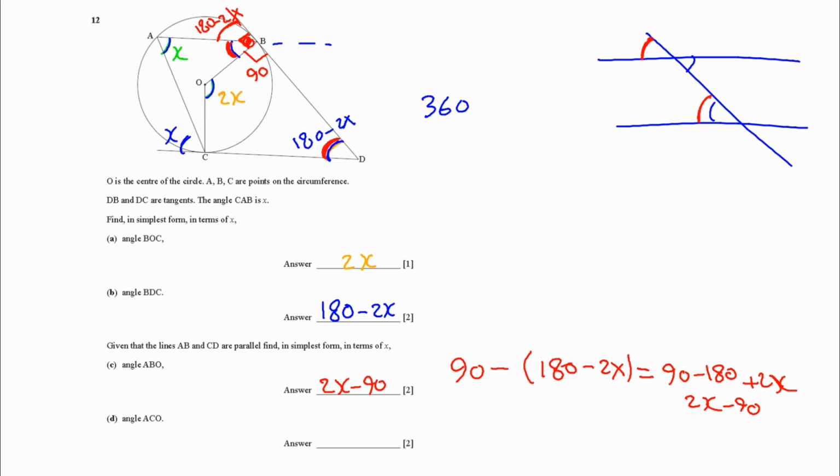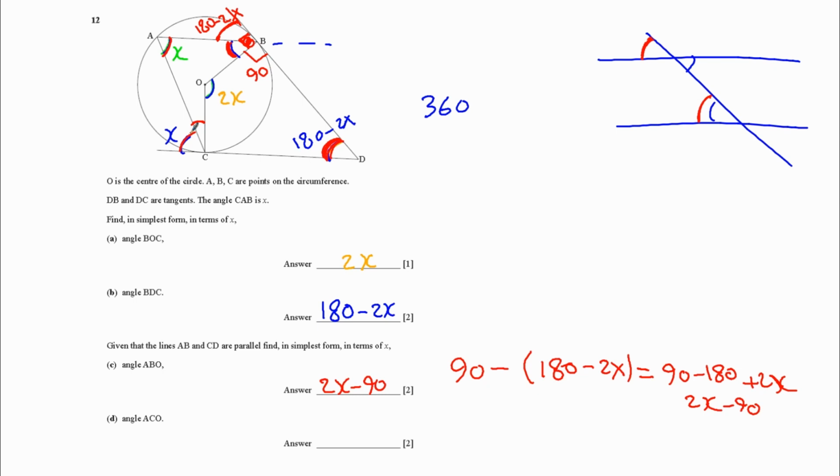This is very similar. Again, from the parallel lines, if you remember, we did say that as a result of the parallel lines, this is equal to that, which we used to solve the previous part. Now, we also said that this angle X equals this angle X. But we know that the total of this is 90.